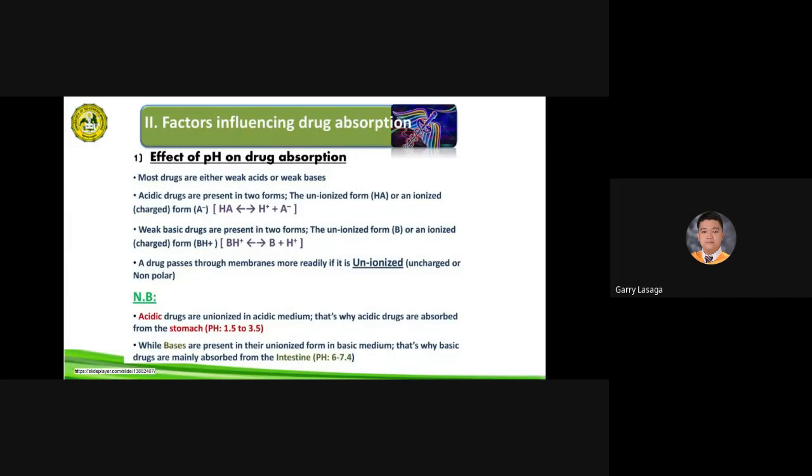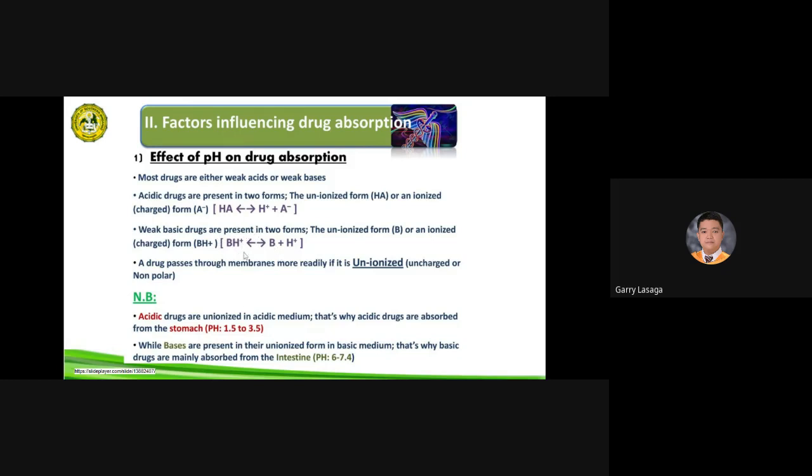This property of bases and acids is described in the Bronsted-Lowry definition of acids and bases. This involves conjugate acid-base pairs, consisting of two substances that differ only by the absence of a proton ion. For example, an acid will form a conjugate base, and this conjugate base is formed after the removal of the hydrogen ion.